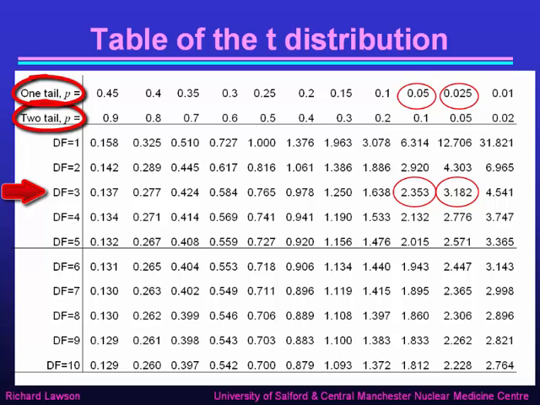We're interested in the one-tailed test, and for p equals 0.05 one-tailed we have a critical value of 2.353 for 3 degrees of freedom. That is the critical value. And for a one-tailed p of 0.025, we have a critical value of 3.182. So those are the values we're interested in, 2.353 and 3.182.